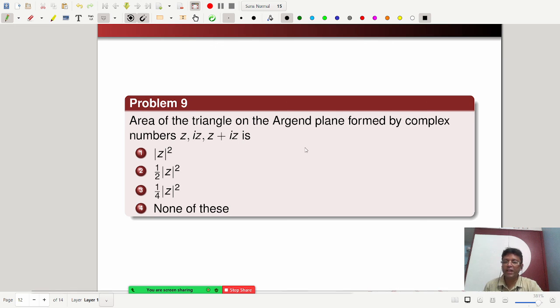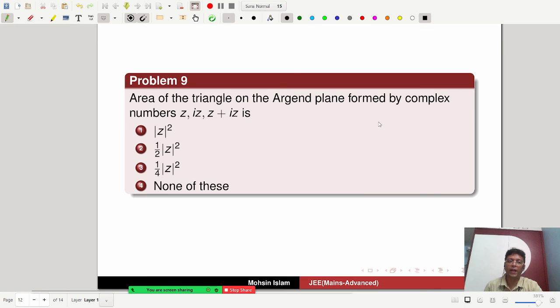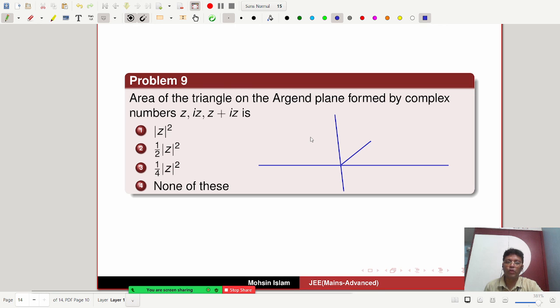What is the area of the triangle in the Argand plane formed by the complex numbers z, iz and z plus iz? So let's have a complex plane first. This is the complex plane or Argand plane. You have a complex number z and iz. You know that iz is perpendicular if you rotate z in the anti-clockwise direction by 90 degrees.